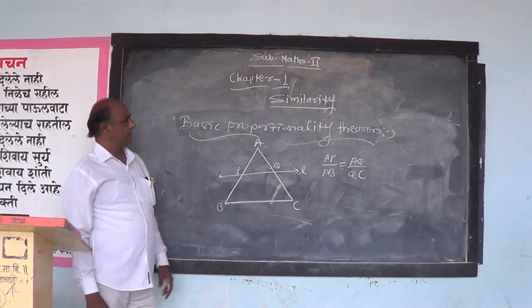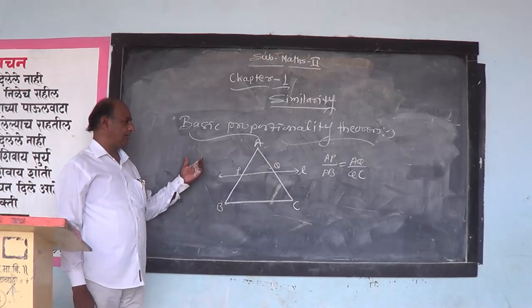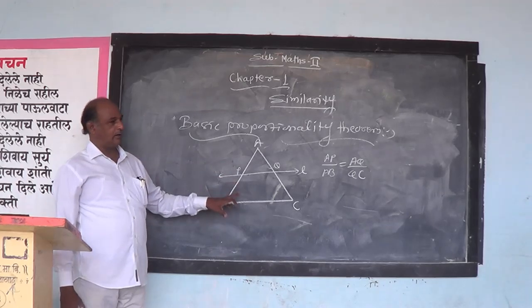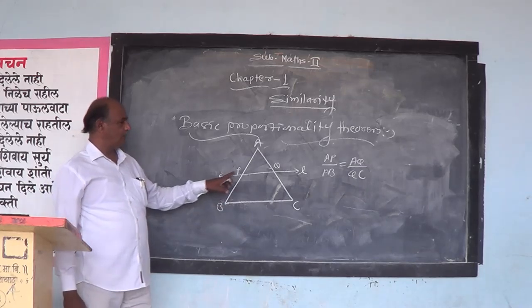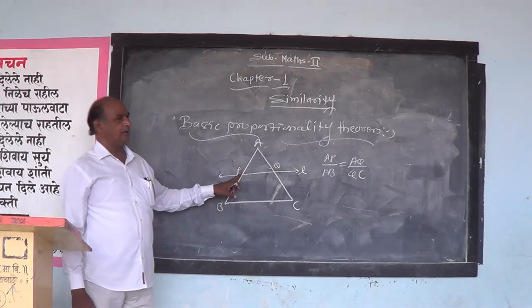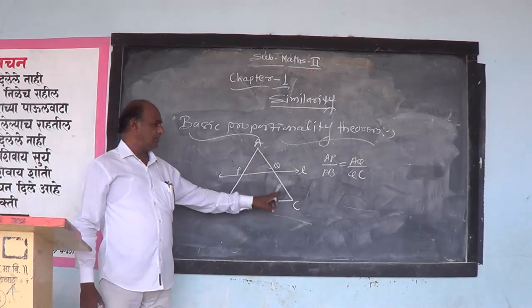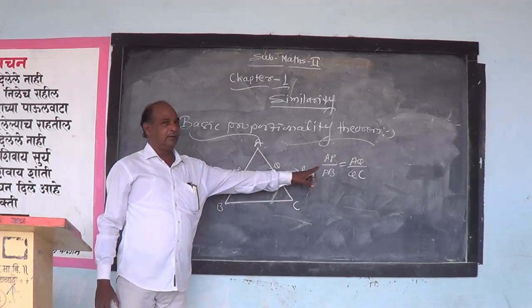Repeating this theorem again: in any triangle, when a line parallel to one side intersects the remaining two sides at distinct points, then that line divides those two sides in the same ratio.